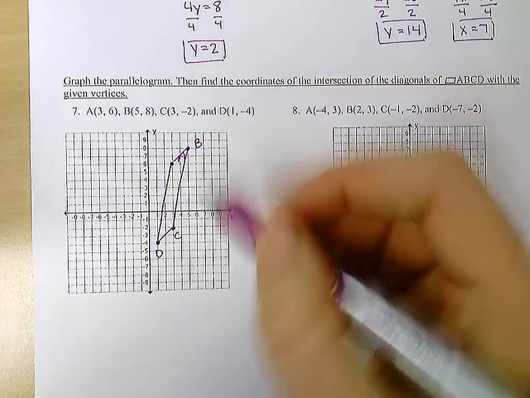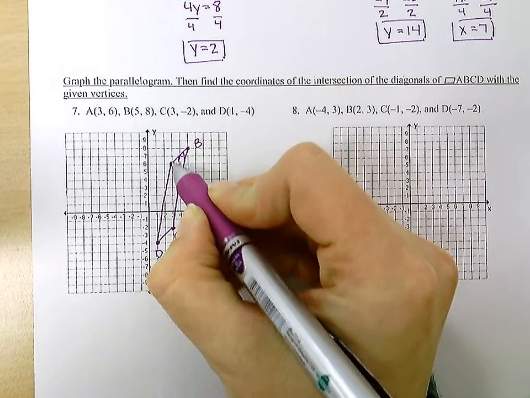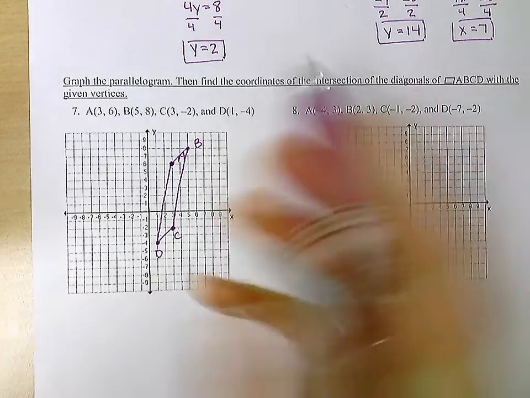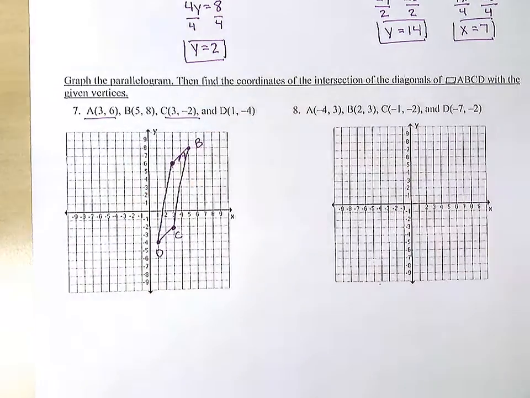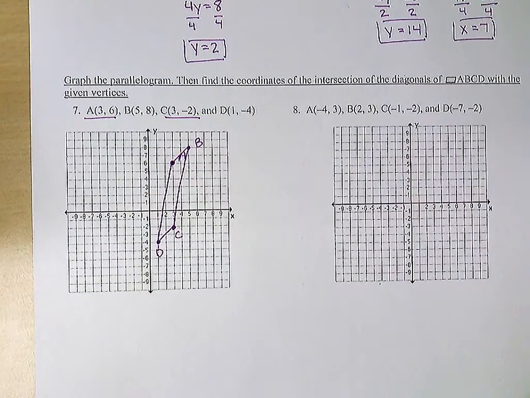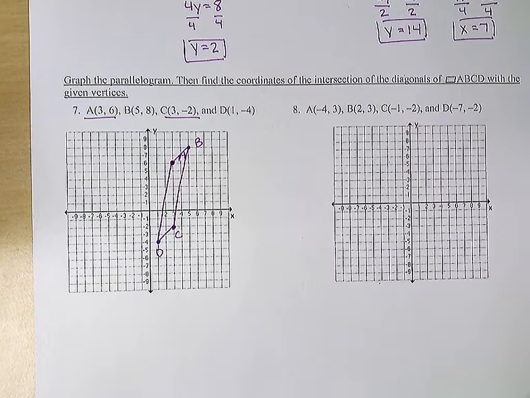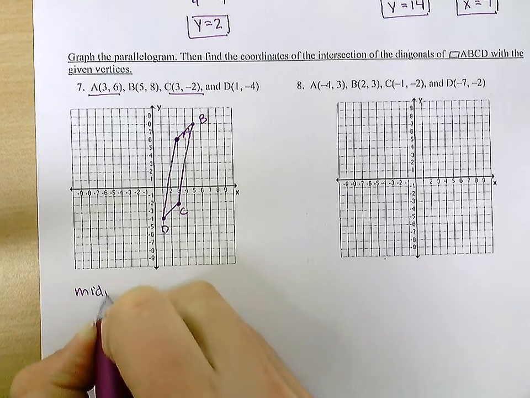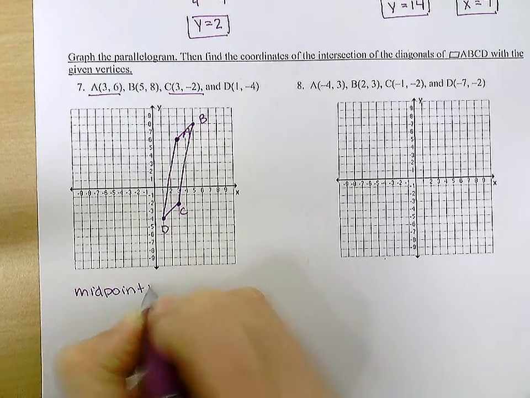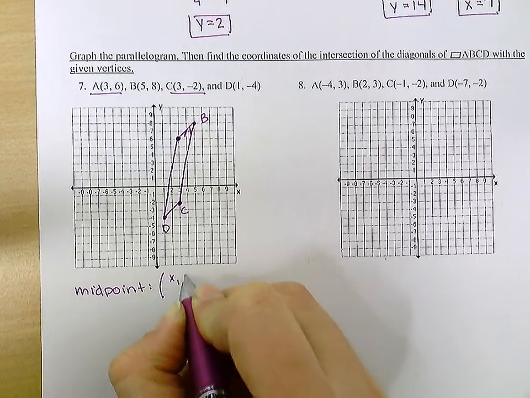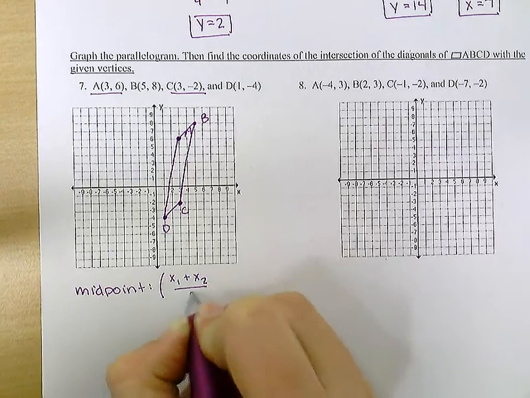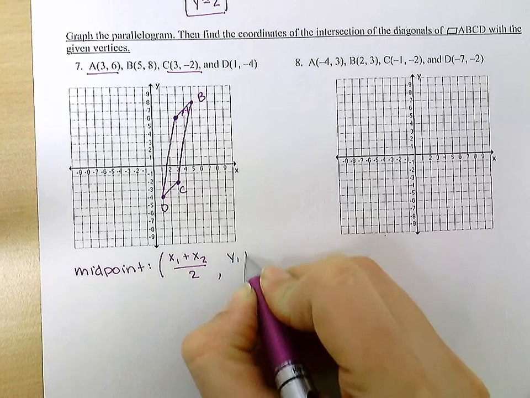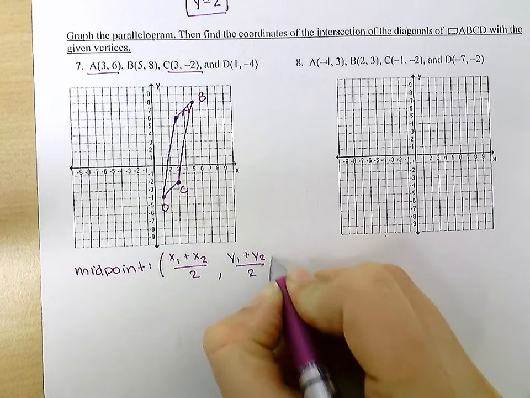So what I can do here is take 2 points that are across from each other, like point A and point C, and find their midpoint. The midpoint formula is (x1 + x2) divided by 2, (y1 + y2) divided by 2.